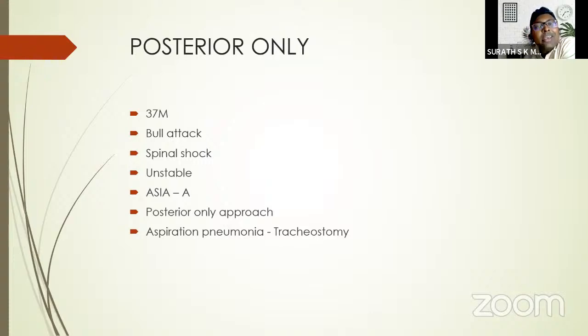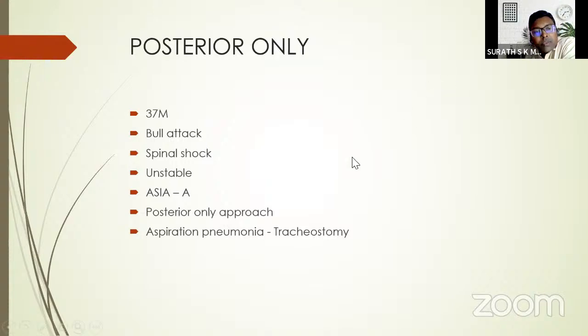So then, as I said earlier, if the patient is presenting with ASIA A or a complete neurology and with spinal shock, and we understand the prognosis is not going to be good even after 48 hours when the spinal shock is settling out.